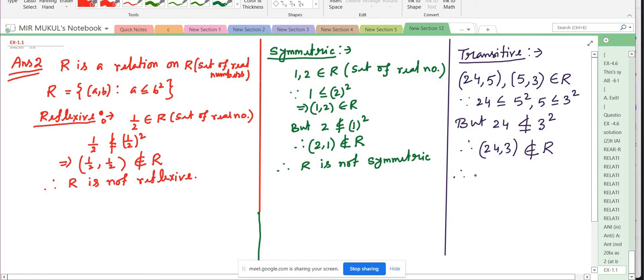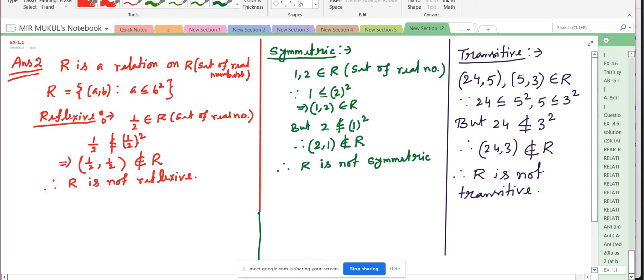Therefore, R is not transitive. You can choose any other example.